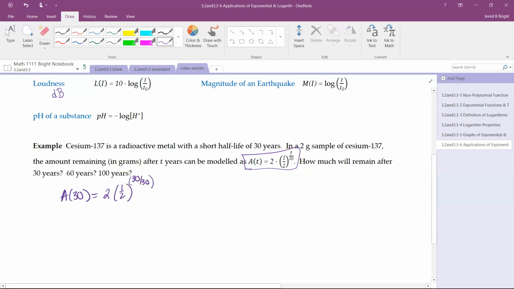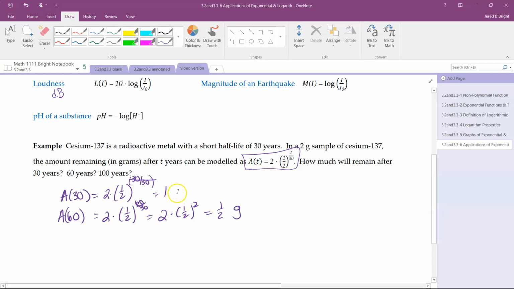When you do it on a calculator, make sure to put that all in parentheses. Sometimes it'll divide by 30 by accident, but that's just 1, so let's ignore that. Then it's 2 times 1/2, which is 1. Similarly for 60 years, it would be 2 times 1/2 to the power of 60 over 30, also known as 2 times 1/2 to the second, and 1/2 to the second is 1/4, times 2 is 1/2.